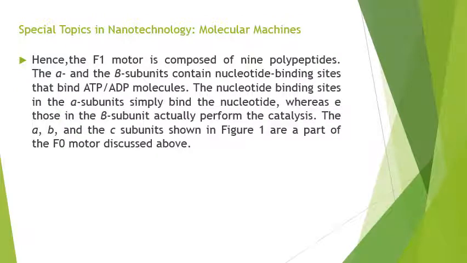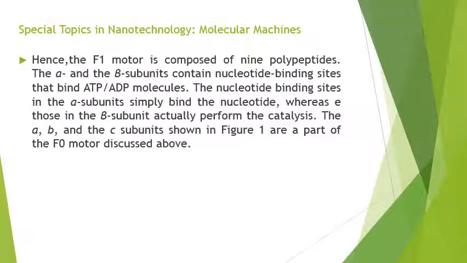So here is the F1 motor that we have seen, the ATP based protein molecular machine, composed of 9 polypeptides. The alpha and the beta subunits contain nucleotide binding sites that bind ATP, that is adenosine triphosphate, and ADP, adenosine diphosphate molecules.